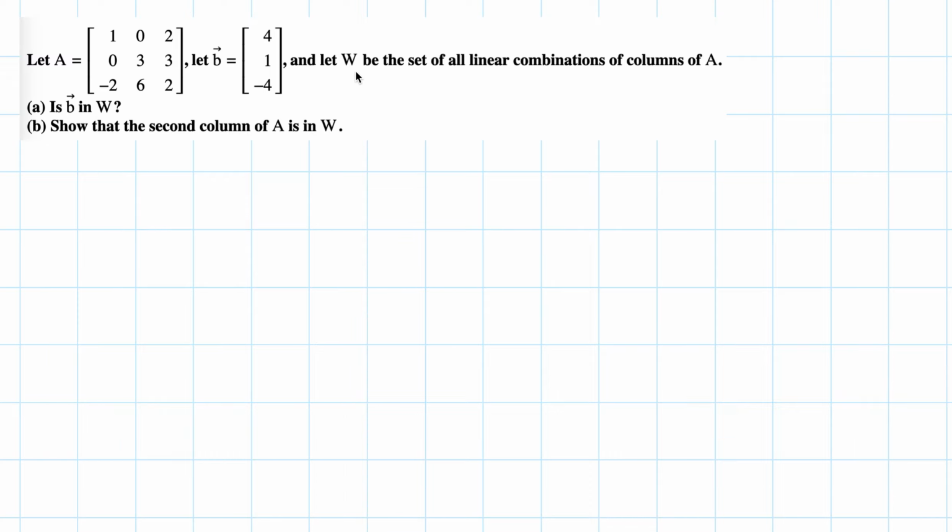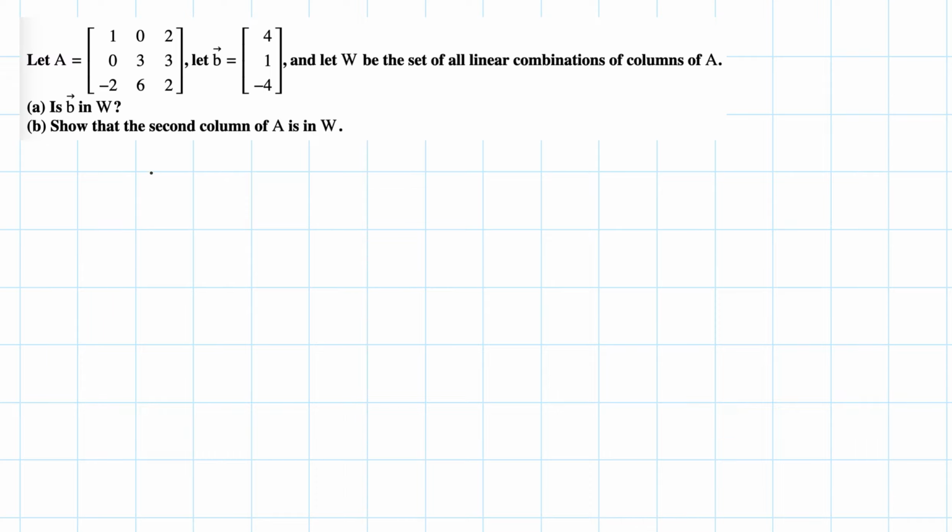W is the set of all linear combinations of the columns of A. That means, can we write B as a linear combination of the columns of A? Same question. So all we have to do is solve the corresponding augmented matrix.